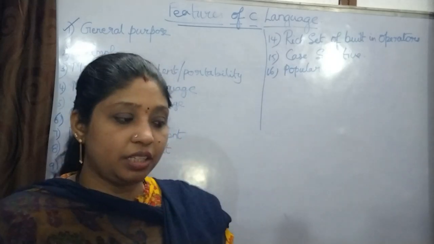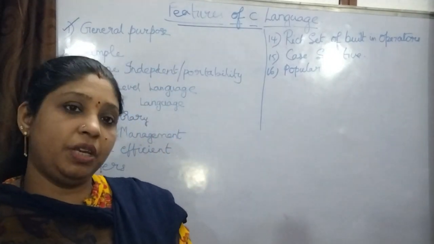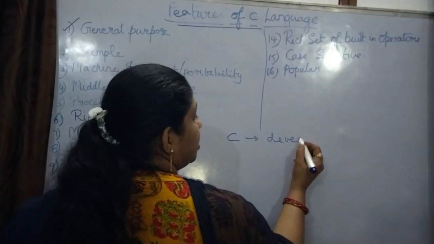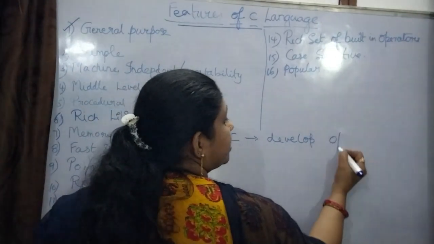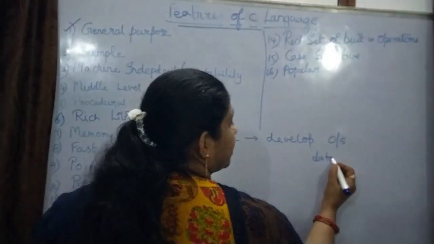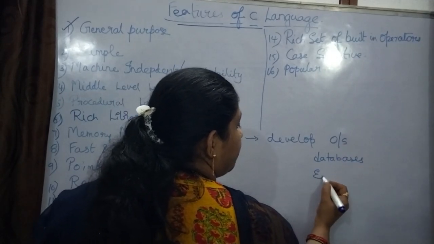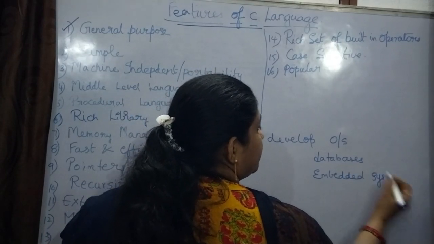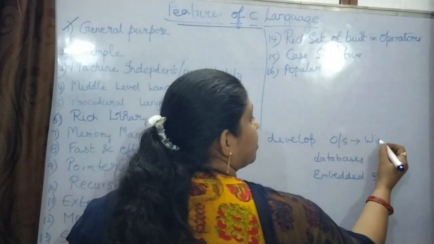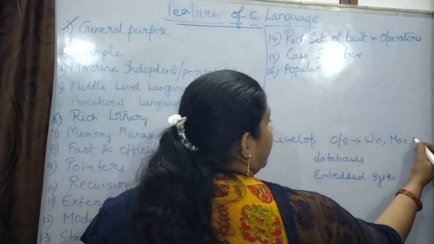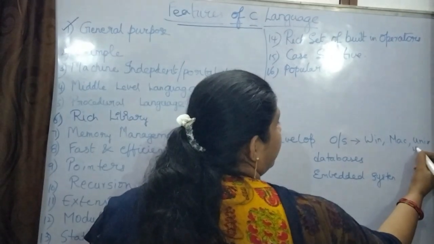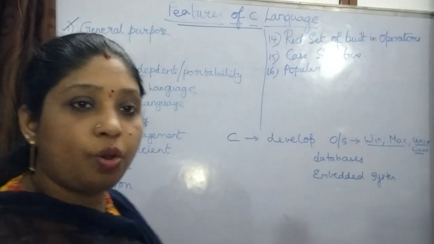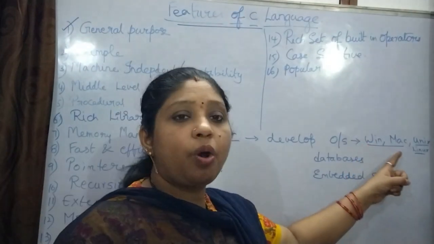So it can develop many types of applications, like operating systems, databases and embedded systems. Operating systems are like Windows, Macintosh and Unix as well as Linux. These are totally dependent on C language. Using C, they have created these operating systems.